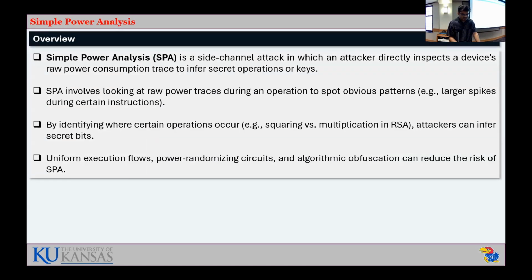Let's start. So simple power analysis is simple actually. You just probe a system, you get some traces, and you get to know about the instructions, how many instructions are happening, how many attempts you have taken to give your password and everything.